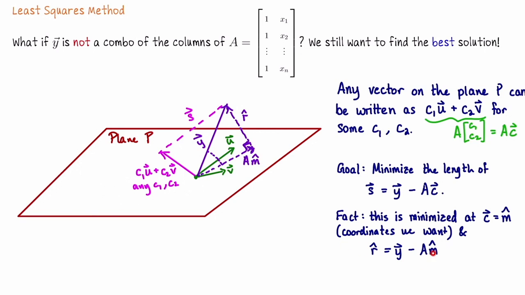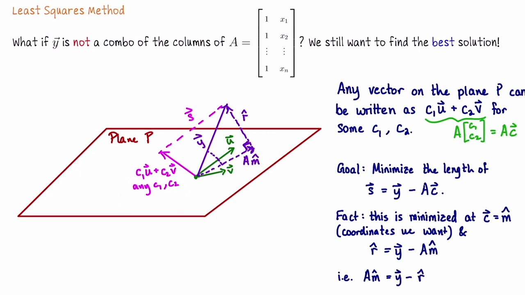Now this is a statement about r, and that's great. But ultimately, what we're trying to find with our least squares computation is the vector m. So let's rearrange the terms in this, and then we'll go on to the next page. What we're really looking for is m, so that A m equals y minus this vector r.